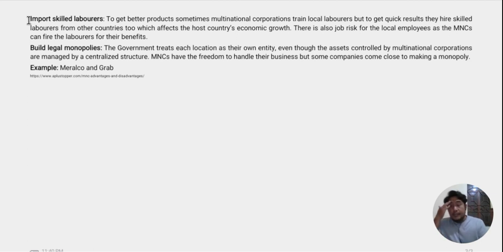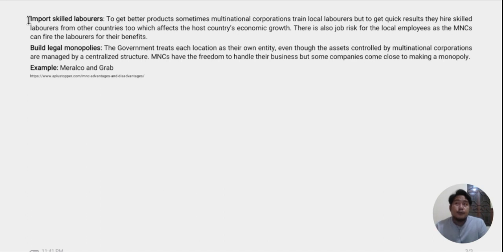One good example of that would be Meralco. For the longest time, Meralco has been the sole provider of electricity for most of the country. It's just during the recent years that electric cooperatives have sprung up and have divided the market. But before, Meralco was the main player when it comes to electricity.